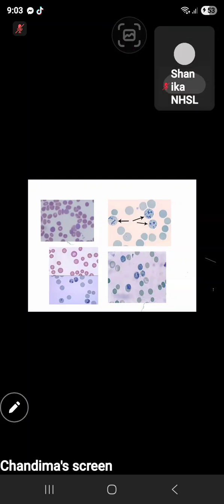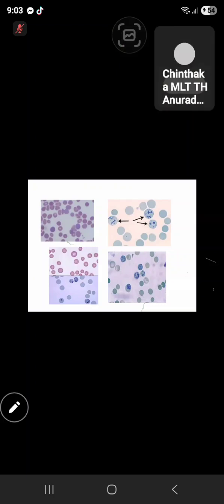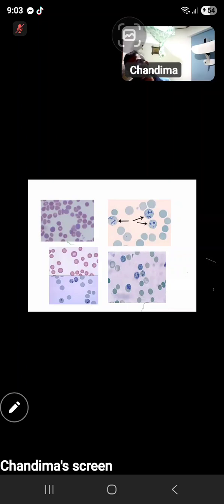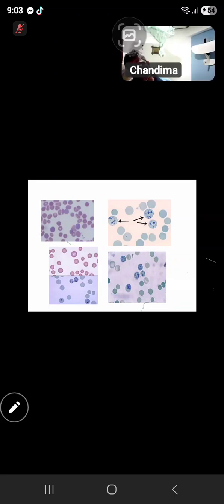At the first point, if your machine is a good one, it will indicate that the sample has been partially aspirated or incompletely aspirated. Sometimes they give star marks on some values, showing the sample is not aspirated properly. Or all three cell line parameters may be dropped in the full blood count.